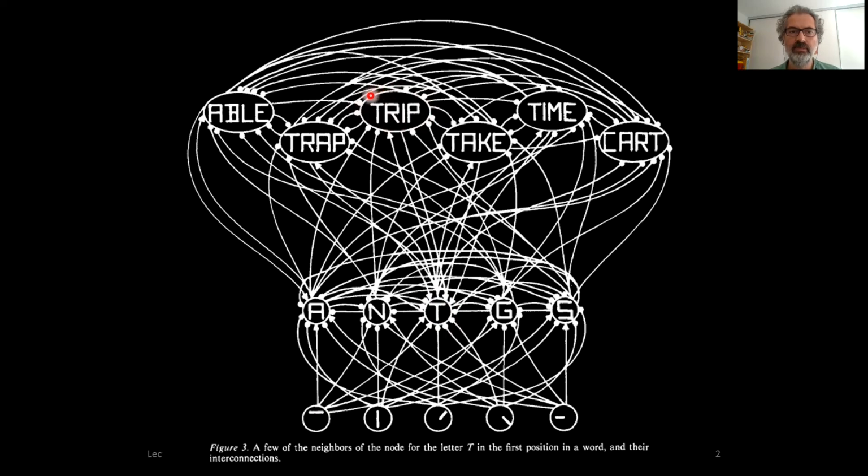And the word trip activates all its own letters back down, including letter T in the first position, letter R in the second position, letter I in the third position, and letter P in the fourth position. So essentially what happens is that letter R now receives its usual visual information from below, plus information from the word that has been activated due to the information from the other three letters.